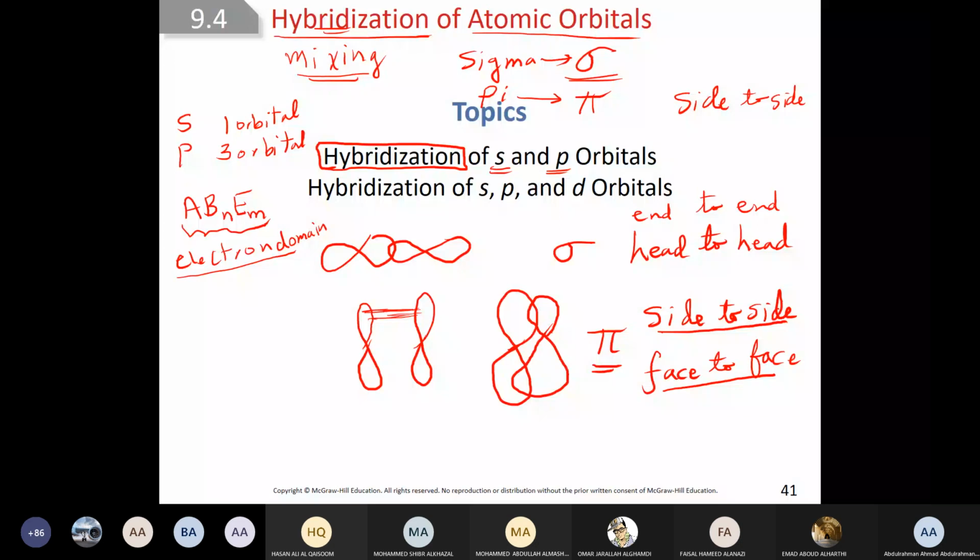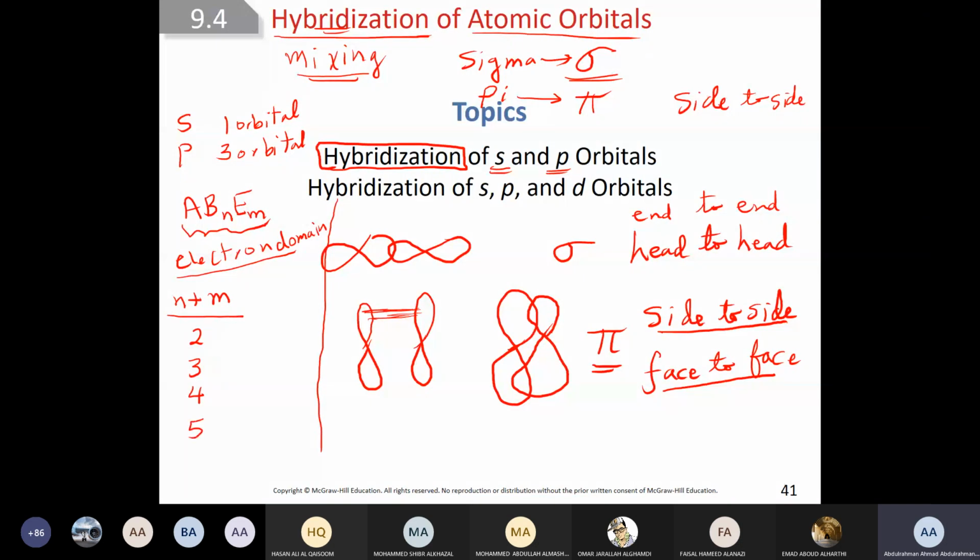Now, depending on N plus M, which is going to be 2 or 3 or 4 or 5 or 6. What's this, N and M? The total.